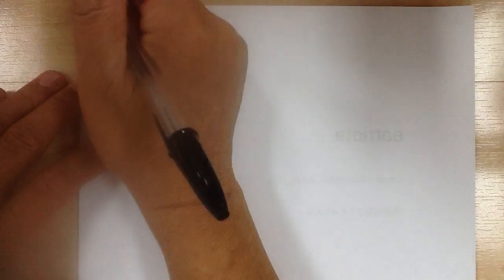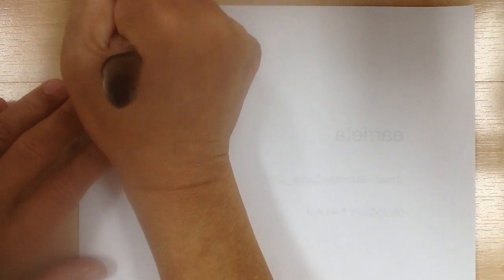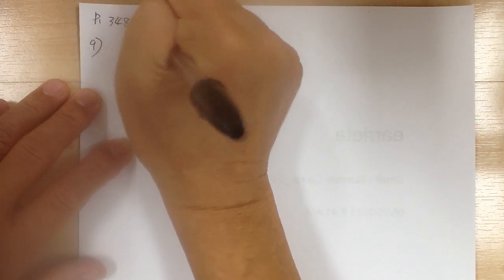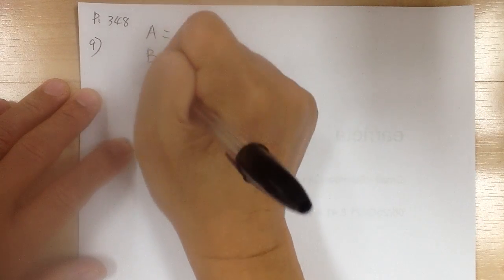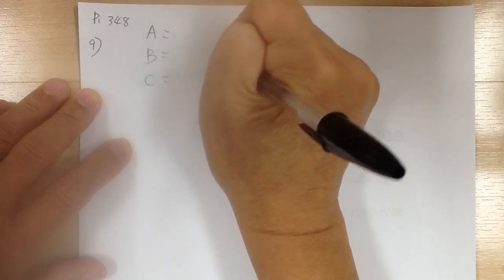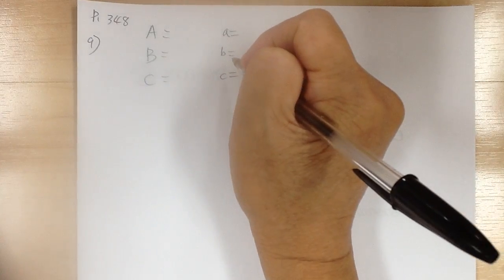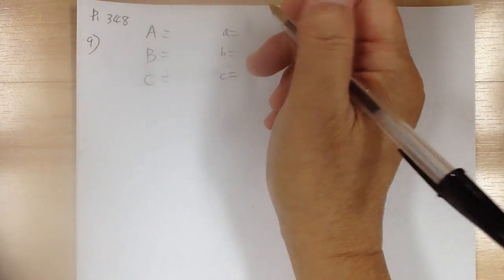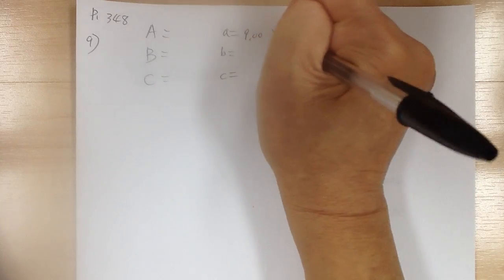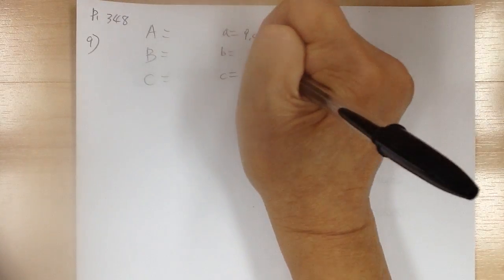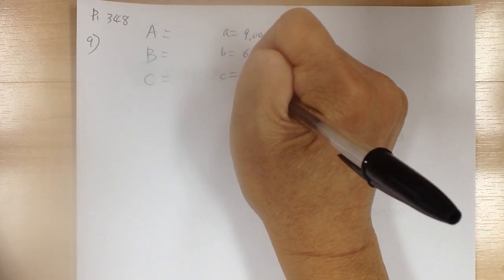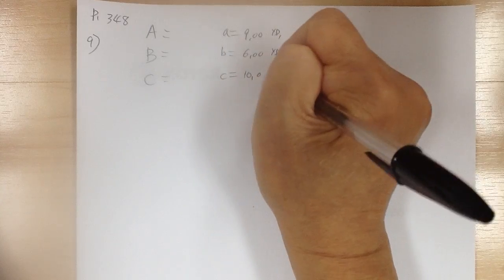Okay, next one. Okay, so you can get your A, B, C. So A is 9.00 yard, B is 6.00 yard, and C equals 10.0 yard.